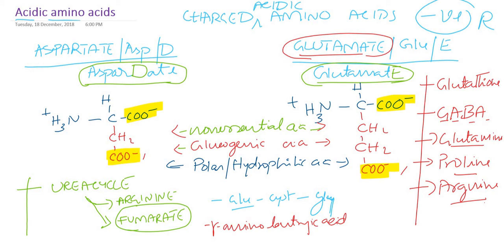In other words, glutamate is the precursor for glutamine, proline, arginine, and the neurotransmitter GABA, and it is also required for the synthesis of glutathione. This is with respect to the acidic amino acids, aspartate and glutamate or glutamic acid.